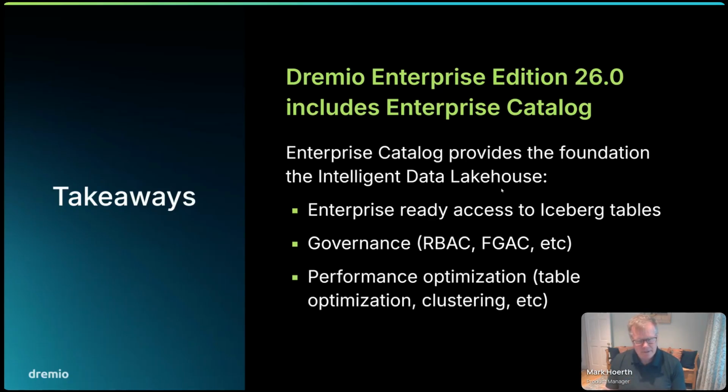It includes governance, including the FGAC that we saw demonstrated today, and it will optimize the performance of queries through a variety of technologies such as automatic table optimization, clustering, metadata caching, etc., in order to achieve the very best performance for your most complicated queries.